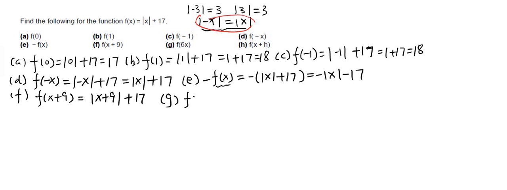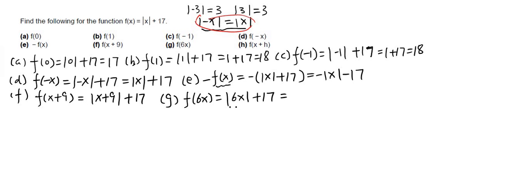Now G, we have f(6x). That means we're gonna replace this x by 6x, so 6x plus 17.